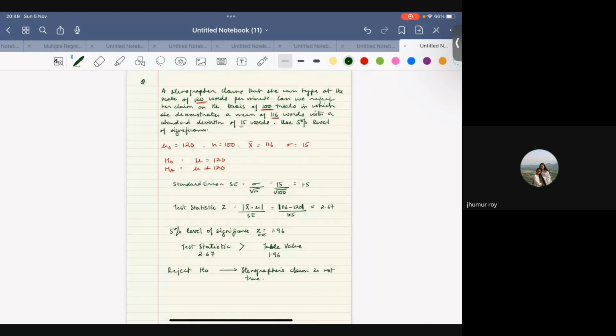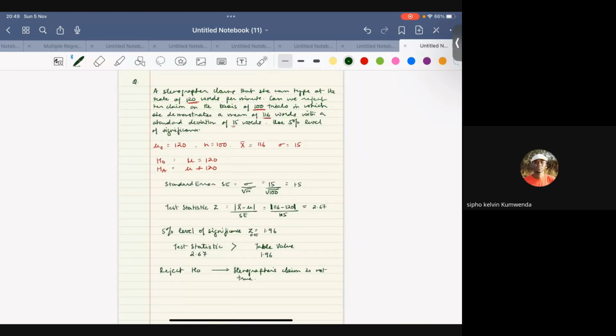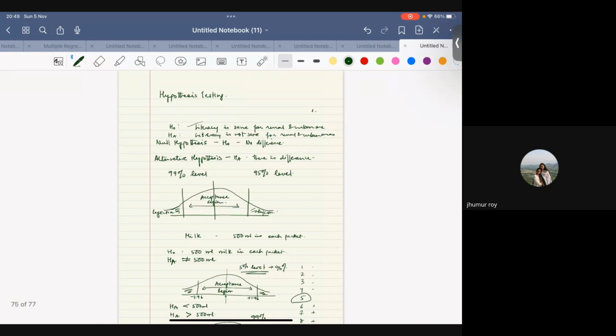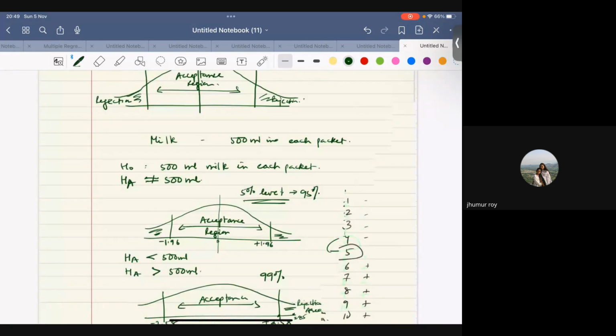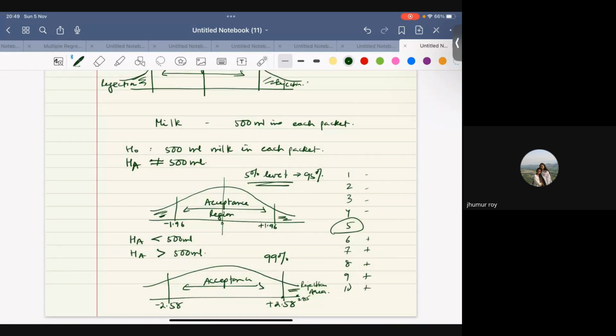Yes, ma'am. I've got a question, madam. I'm kind of lost at how you got the 1.96. See, as I told you first also, these two values are given values. These are permanent values. When I drew these two diagrams, I showed you that these two values are given as fixed values, so they do not change.